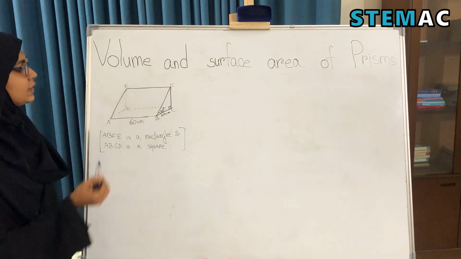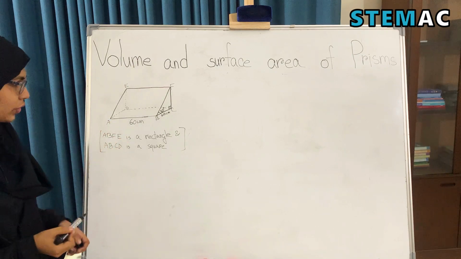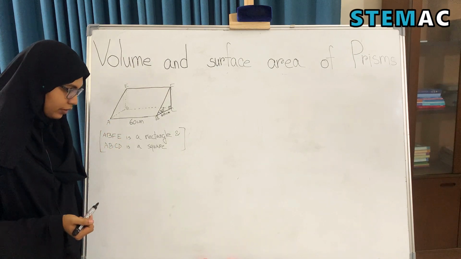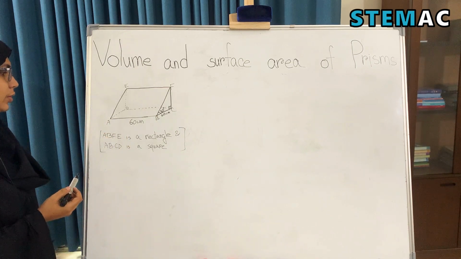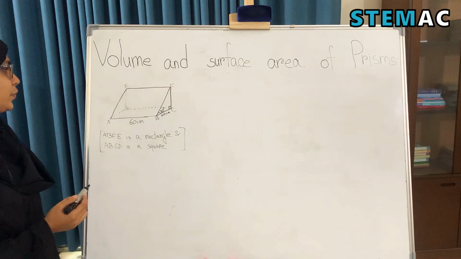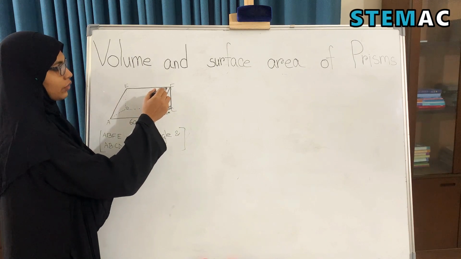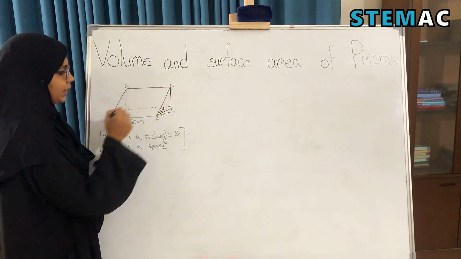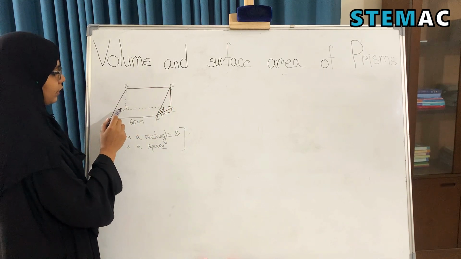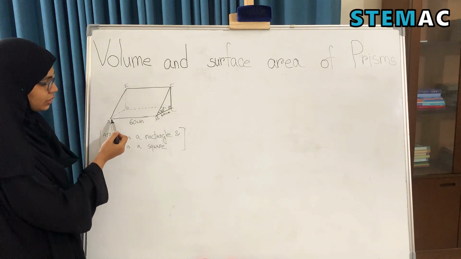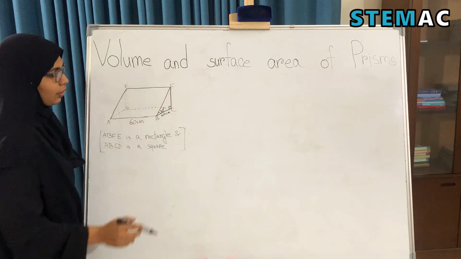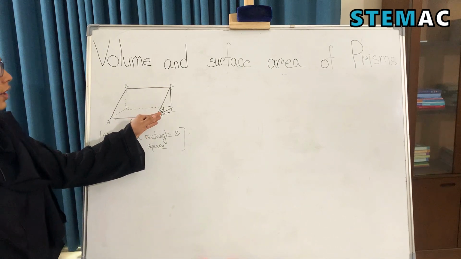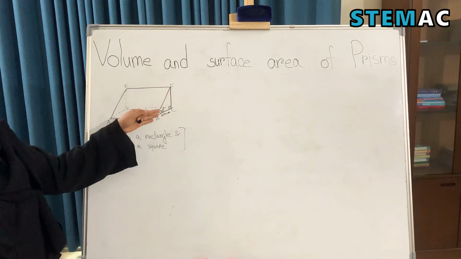That's what makes BFC a right angle triangle. To find the volume of this prism, we need to find the cross sectional area of this triangle and the length. The length is already given, it's 60 centimeters, and now we need to find the area of triangle BCF.